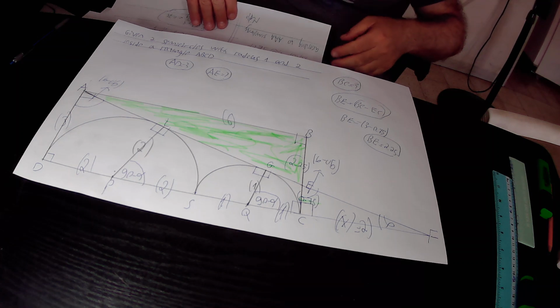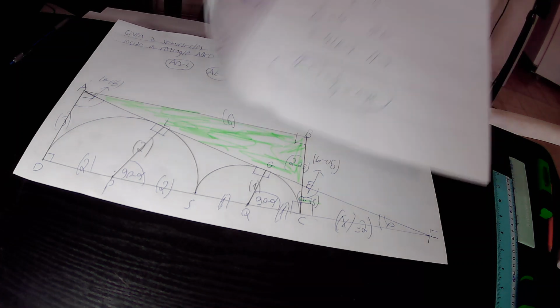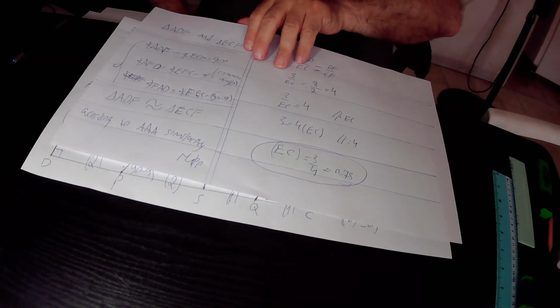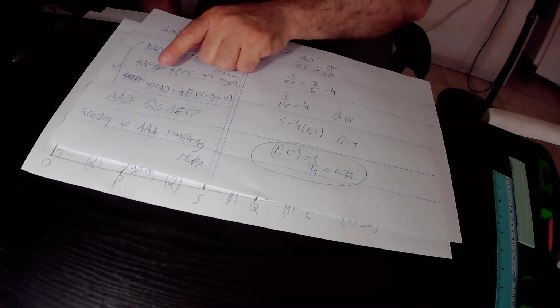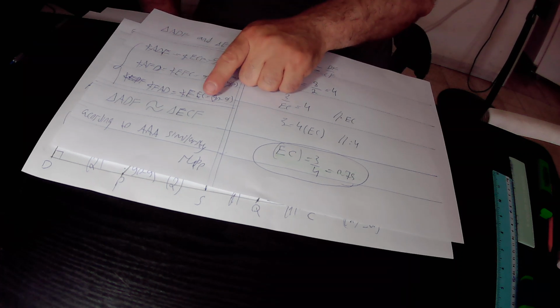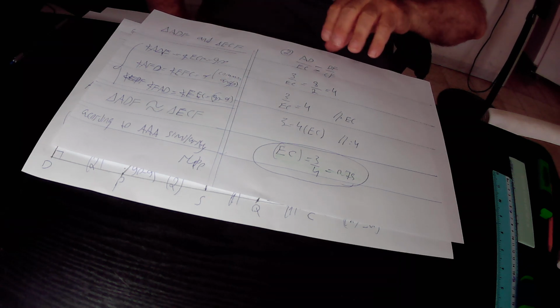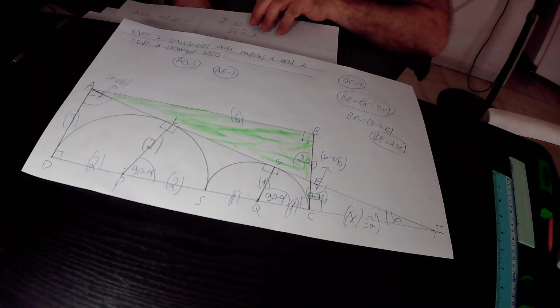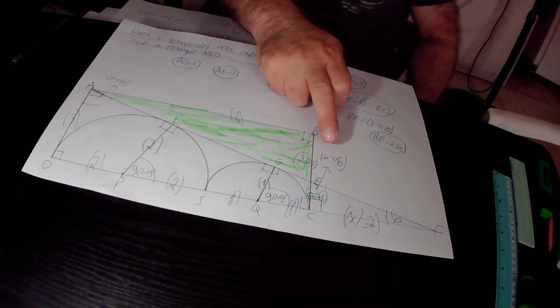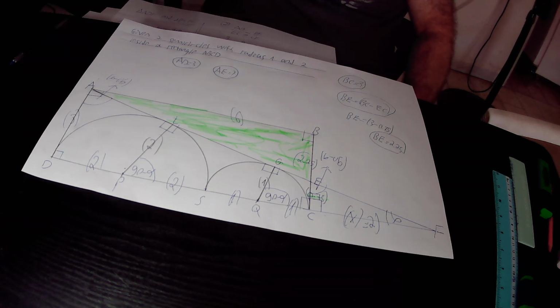Again, we found out that the big right triangle ADF is similar to the small right triangle ECF according to the angle similarity rule. And from the fact that the biggest right triangle is similar to the smallest right triangle, we derive that the following relationship exists between their sides.